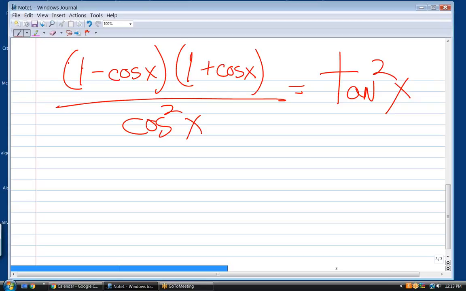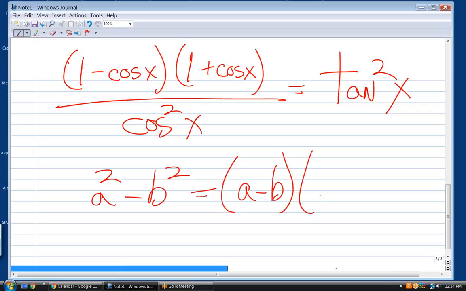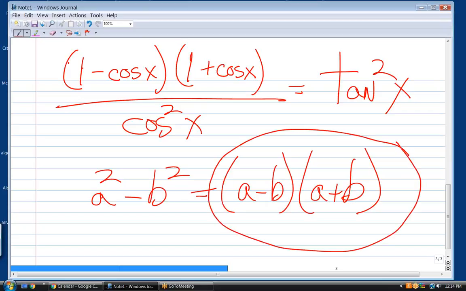Well, it's the difference of perfect squares factored. In other words, if I have a squared minus b squared, that always factors into a minus b times a plus b. So the key is when you see that, you can very rapidly multiply them back together again, because you always are going to get that. So I don't have to take the time to FOIL them.